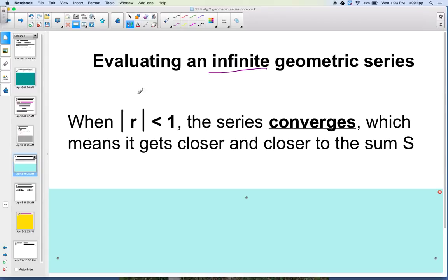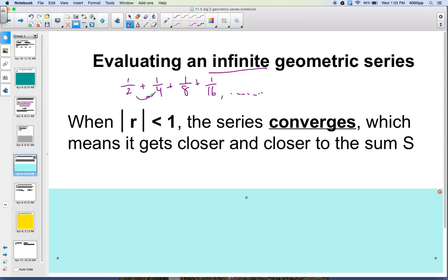For example, if I take the numbers, let's say 1/2, and I add 1/4, and I add 1/8, and I add 1/16, and I just keep adding more and more numbers. This is an infinite geometric series, because it keeps going on and on forever.